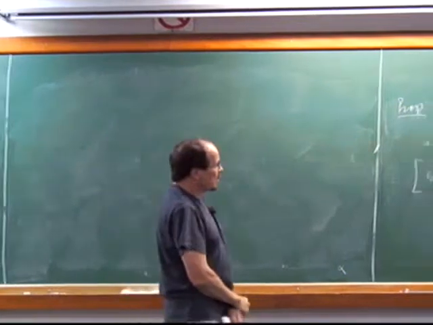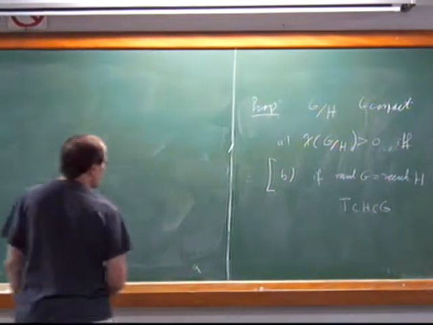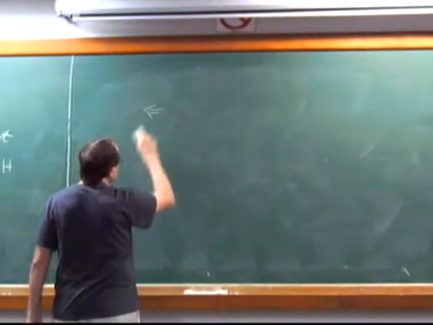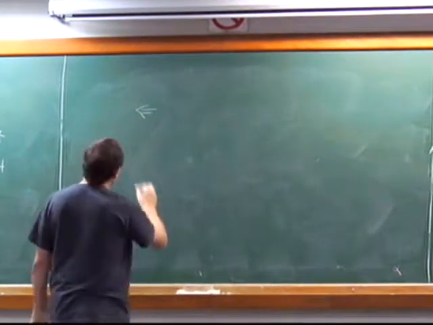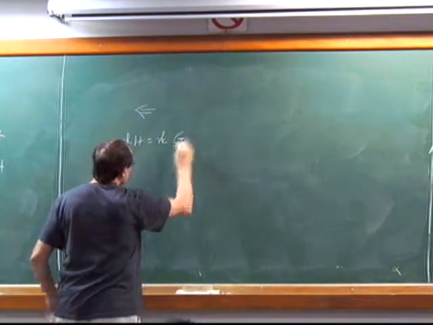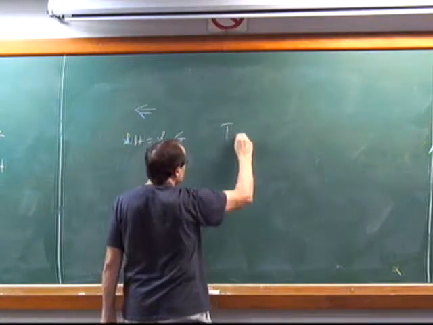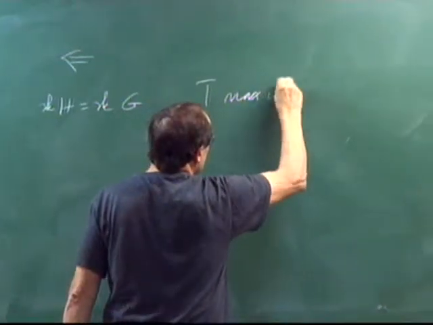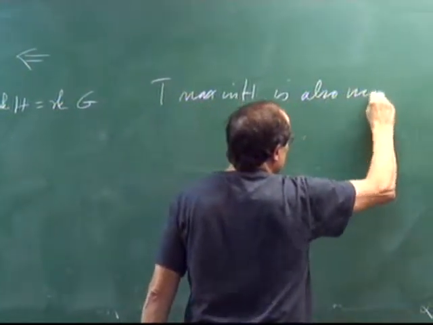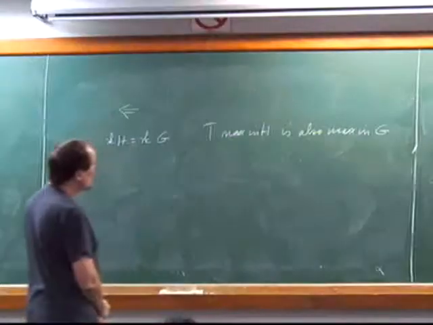Let's see which direction do I want to do. Maybe this direction. So rank H is equal to the rank of G. I look at a T maximal in H. It is also maximal in G. Okay.